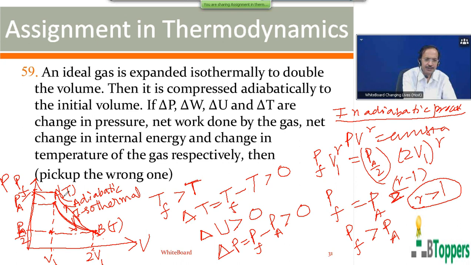That means the adiabatic curve lies above the isothermal curve in the indicator diagram. During the isothermal expansion from A to B, the volume of the gas increases, so we can say work is done by the gas. In the adiabatic compression back from B to the initial volume, I will draw the graph more clearly.